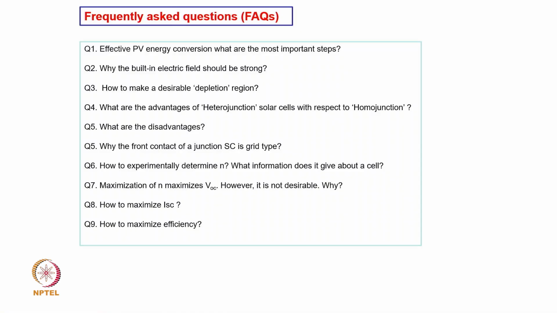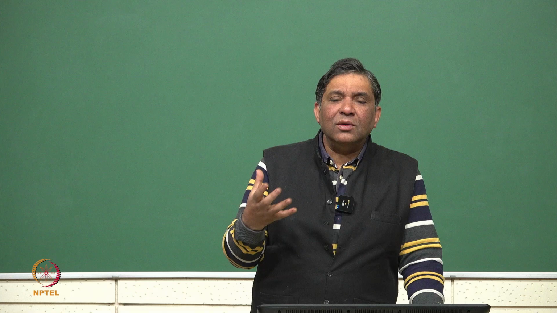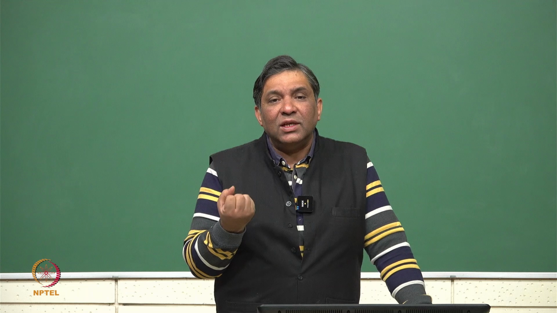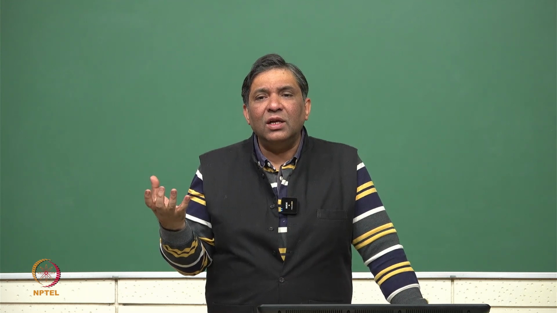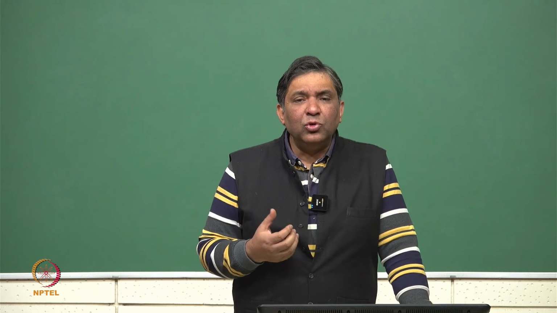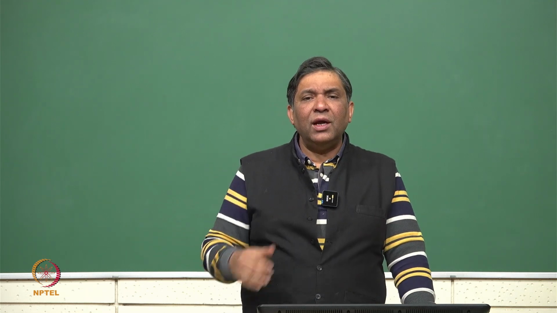The second question: why should the built-in electric field be strong? Just now I have shown what the built-in potential and the built-in electric field are. In a solar cell, this is the field where the charge carriers get energy, because as soon as the charge carriers are generated, there is nothing which can push them in different directions.